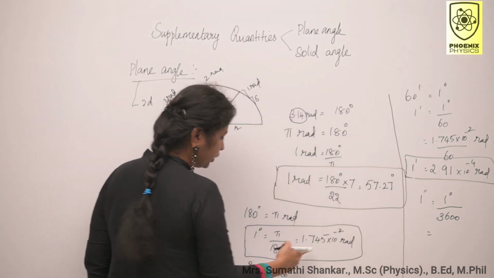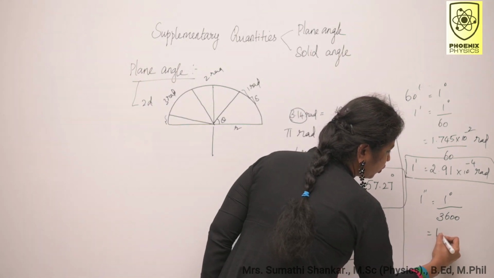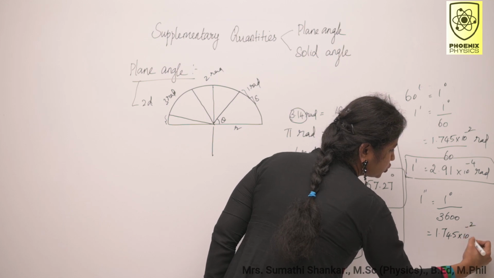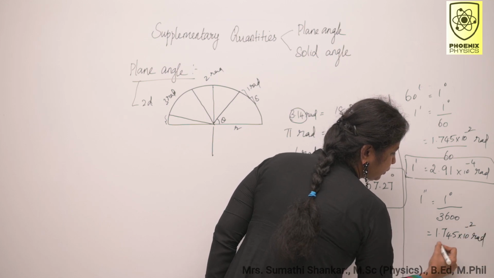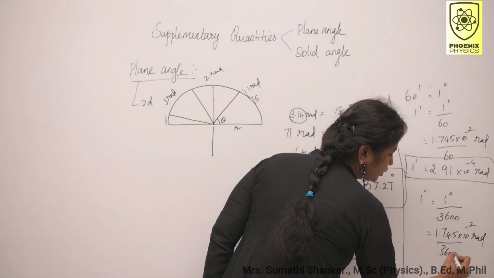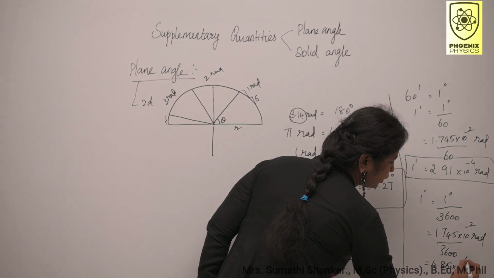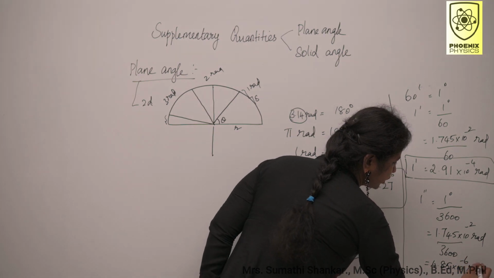Substitute the value for 1 degree, that is 1.745 into 10 to the power of minus 2 radian divided by 3600, which is 4.85 into 10 to the power of minus 6 radian.